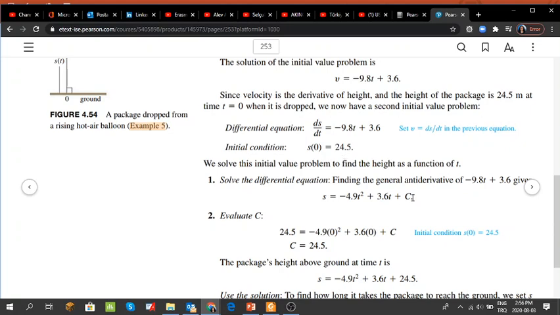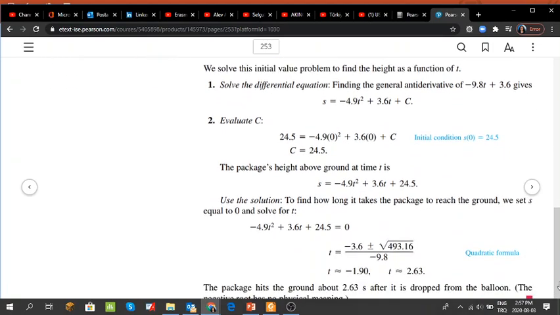Let's put it in to find our new c. This is a different c than the previous c, of course. s of 0 is 24.5. Put 0 in, 0 plus c is equal to 24.5. So c is equal to 24.5. We just found s of t is equal to this equation.